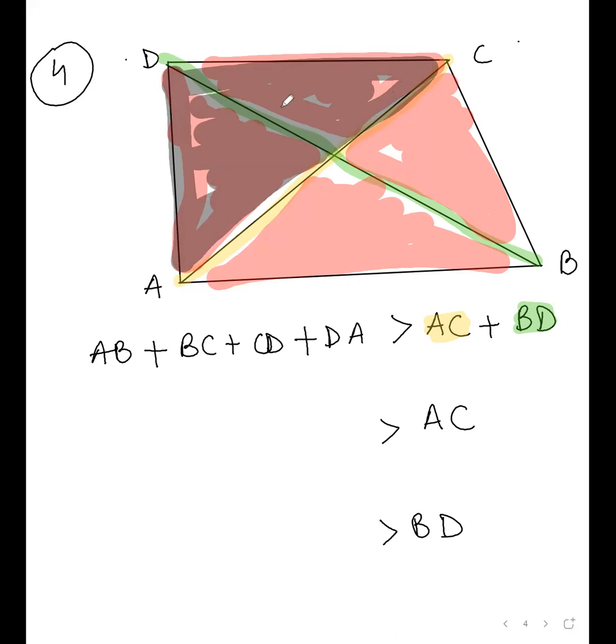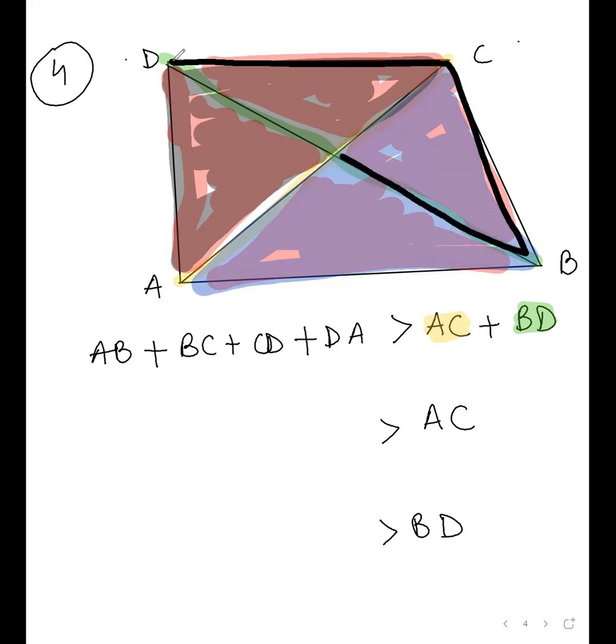Triangle ACD, that is one triangle. Then come to triangle ABC. This is another triangle. Now let me show you one more, this one. Can you see this? Triangle BCD.